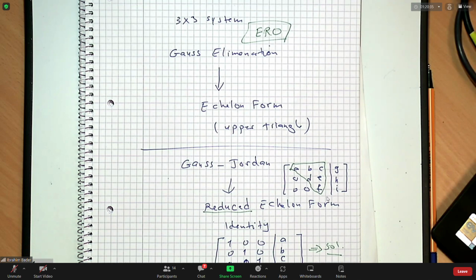However, in the echelon form you have to make calculations to find the values of the variables.